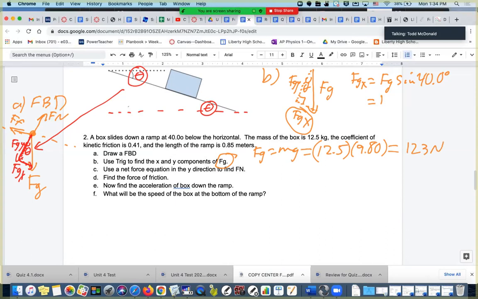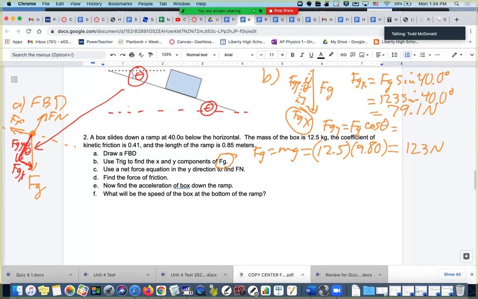So then when I plug this in, I can call it 123 sine of 40. When you punch that into a calculator, sine of 40 times 123, you get 79.1 newtons. That is your x component. Our y component is going to be Fg cosine of theta because it's the adjacent side.